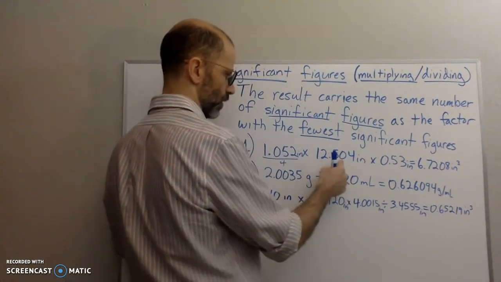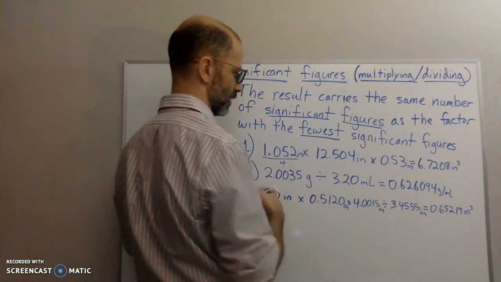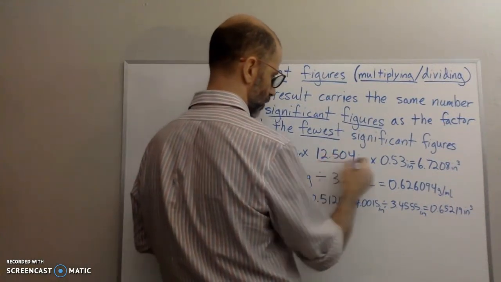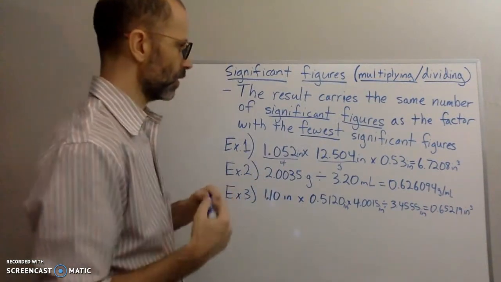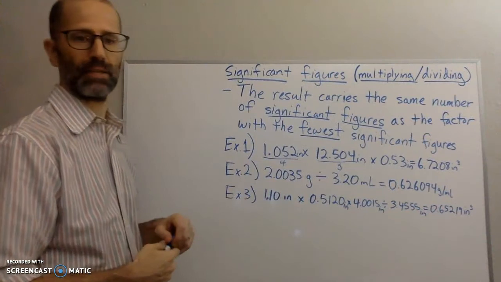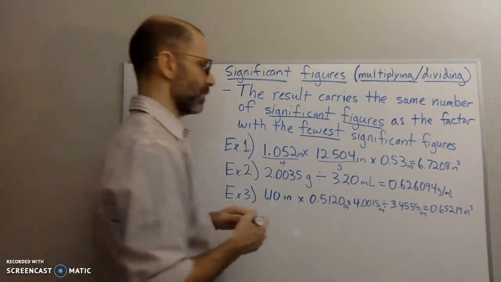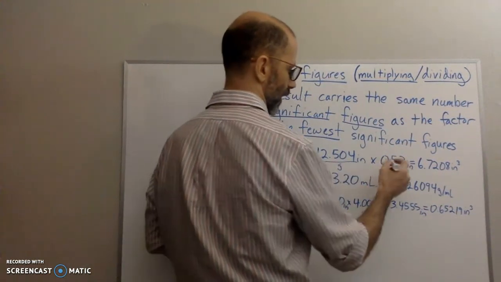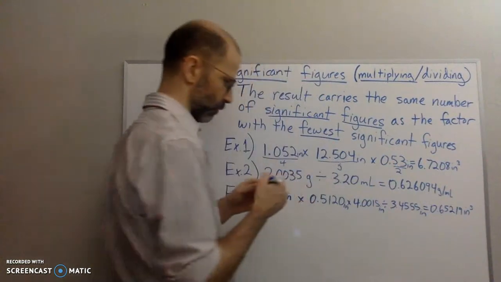Again, the 0 is significant because it lies between two non-zero numbers. The rest are non-zeros. So this is going to be 5 significant figures. And then this 0 here is a leading 0. It's at the front, so those are never significant. So you're going to ignore that one, and you just have these two. So you have 2 significant figures.